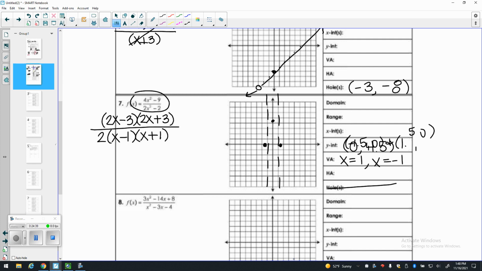What's my degree of my denominator? Also 2. So that means they are the same. When they're the same, you divide your leading coefficients. My leading coefficient of my numerator is 4. My leading coefficient of my denominator is 2. 4 divided by 2 is 2. So I have a horizontal asymptote at y equals 2.